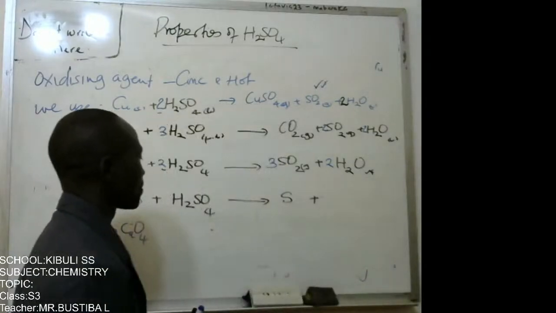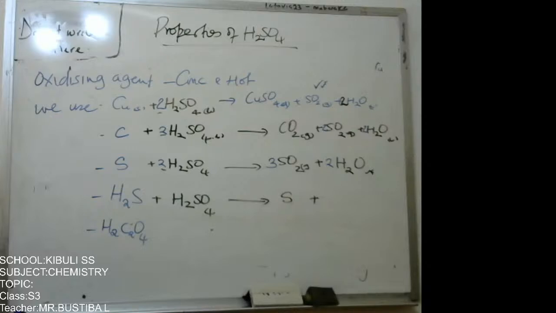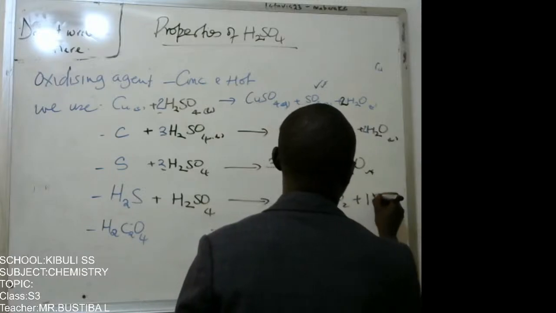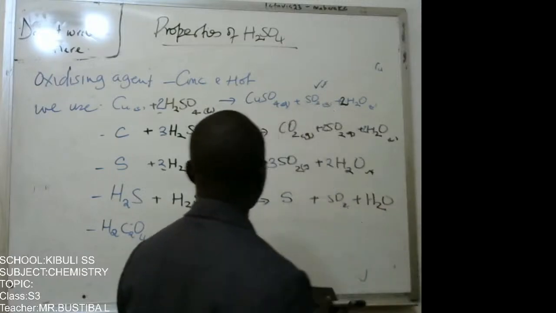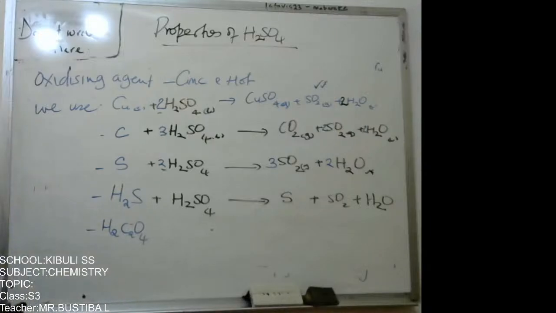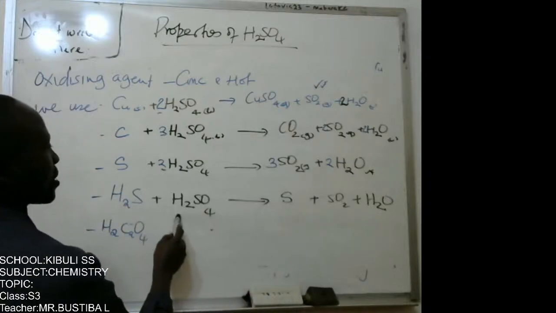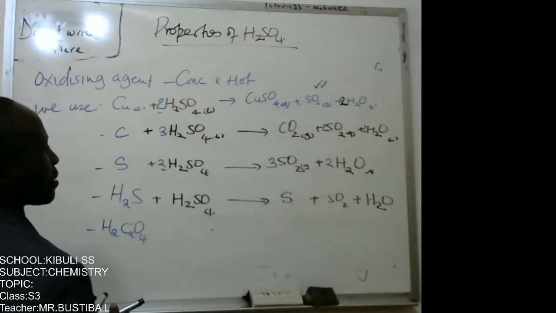What else? Somebody is saying sulfur dioxide, and water. Let us see if it will work out. Or shall we get only sulfur dioxide and water? If you try out that one, I can see 1 sulfur there. I can see 2 sulfurs are there. Hydrogens are 4. Oxygens.